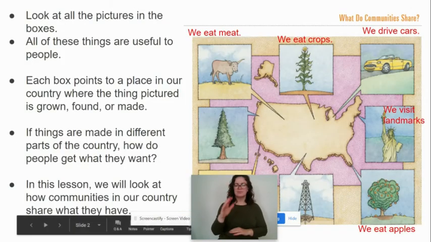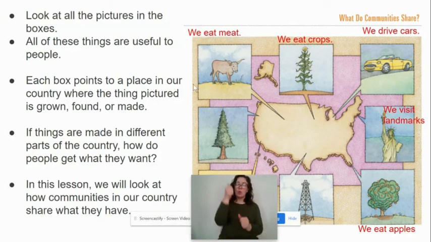Computers, trees, oil. So each box points to a place in our country where that thing pictured is grown, found, or made. So here you have a picture of a cow. A cow usually needs to be raised in a place that has lots of grass.